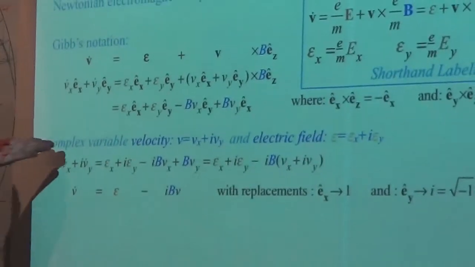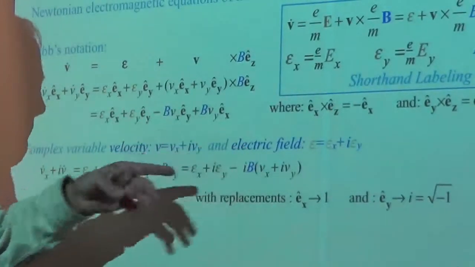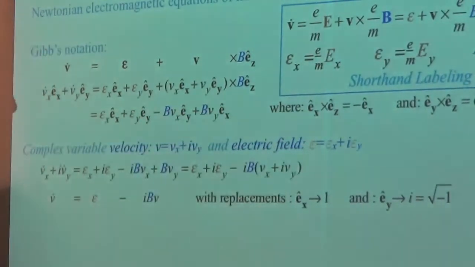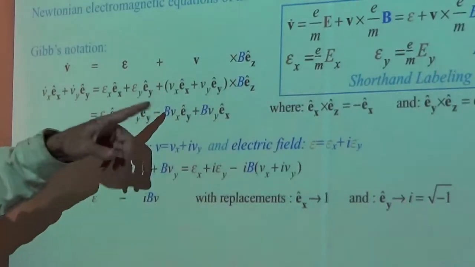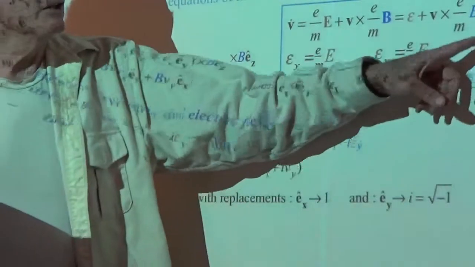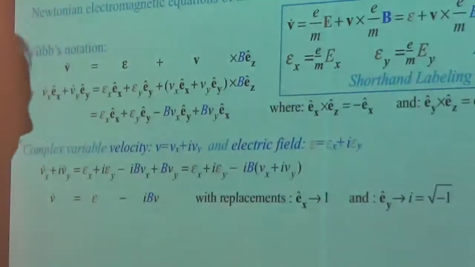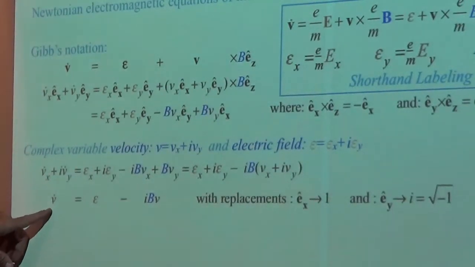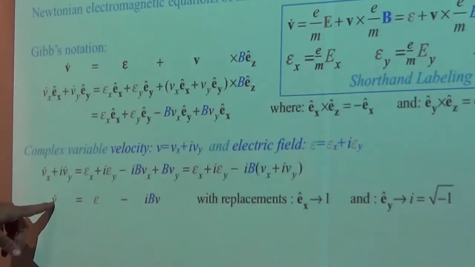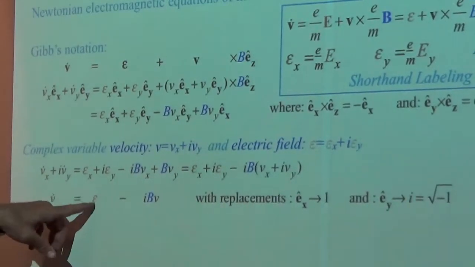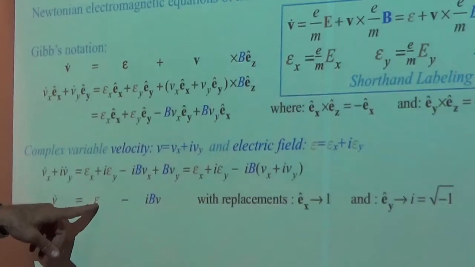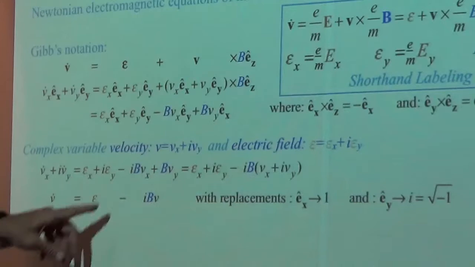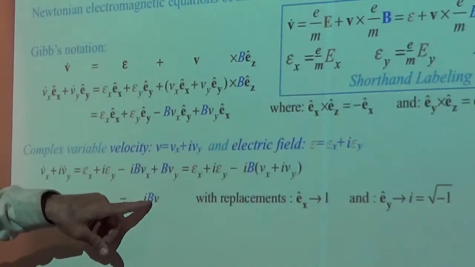Okay? So we're using that sort of arithmetic, and why not, just for the heck of it, turn this into a complex variable equation involving a complex velocity, a complex electric field, and then just one number, this B coefficient, E over M times the Z component of B, which is the only component we have. And so we end up with an equation really very simple. It's complex velocity dot equals electric field complex function, that's EX plus I EY, and then minus I BV.